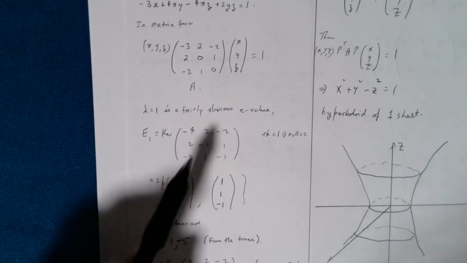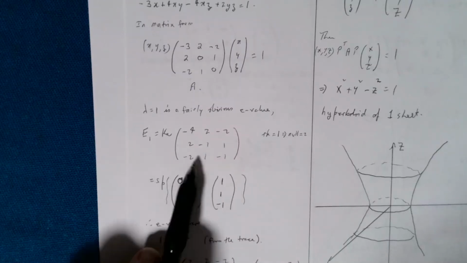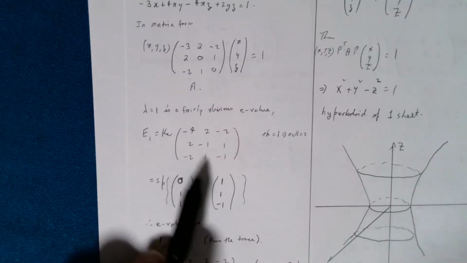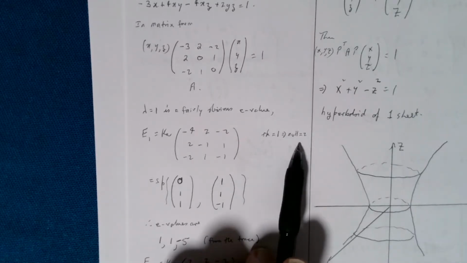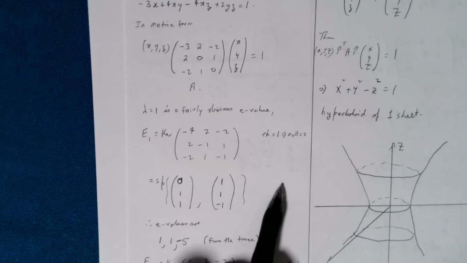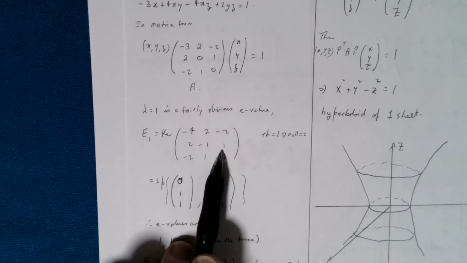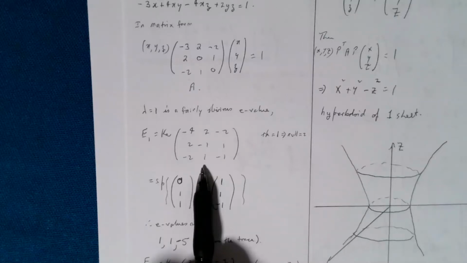So you subtract that, and again you can now clearly see that this is a multiple of this one, and indeed this is a multiple of that one. So this matrix, in fact, has rank 1, and that means the nullity is 2, because all of the rows of the matrix are just multiples of this vector 2, minus 1, 1. So that means there are 2 eigenvectors hiding in here.